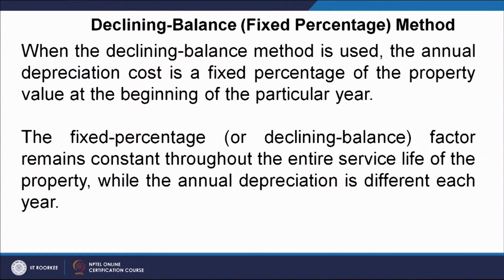When the declining balance method is used, the annual depreciation cost is a fixed percentage of the property value at the beginning of the particular year. The fixed percentage, or declining balance factor, remains constant throughout the entire service life of the property, while the annual depreciation is different in each year.